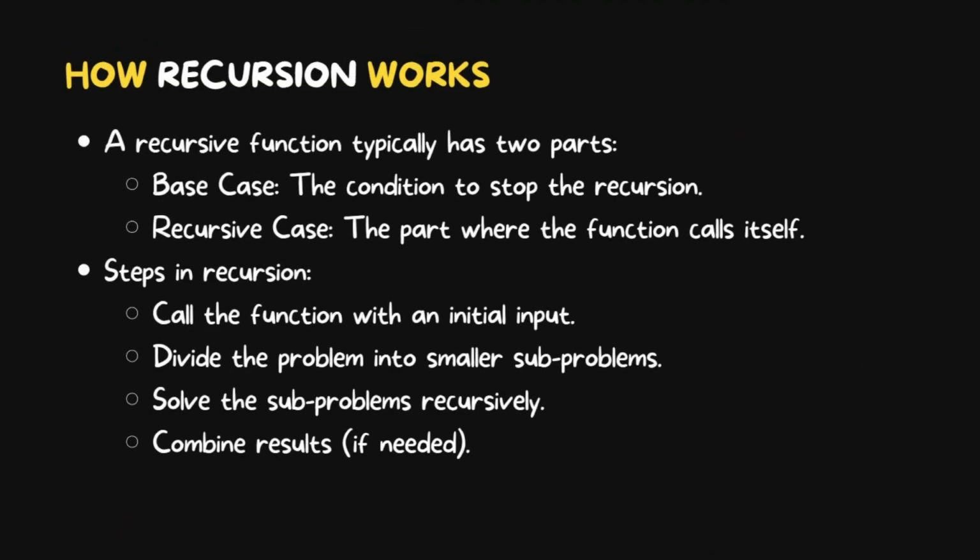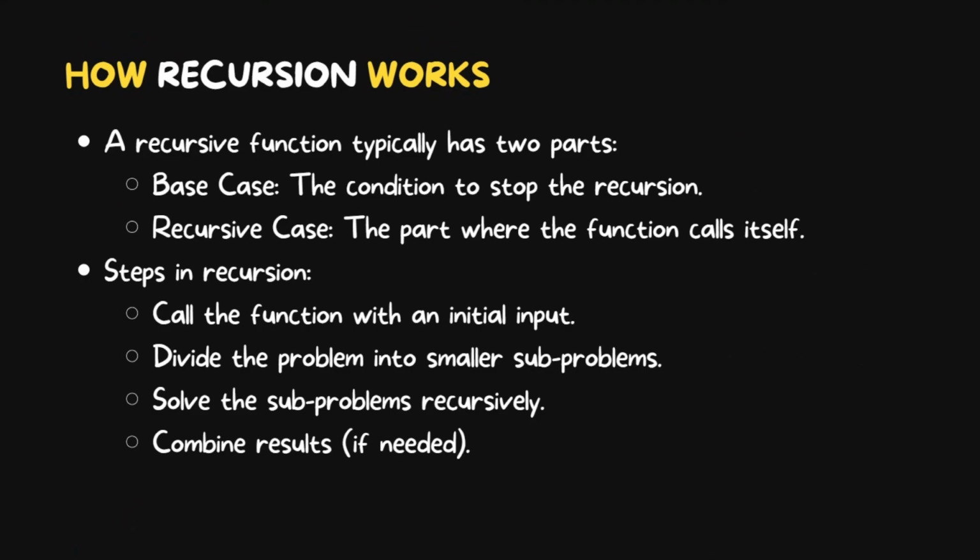Let's now understand how recursion actually works. A recursive function has two main parts. The first one is the base case and the second one is the recursive case. The base case stops the recursion and prevents infinite loops. The recursive case breaks the problem into smaller chunks and makes a recursive call. Imagine recursion like a series of doors.